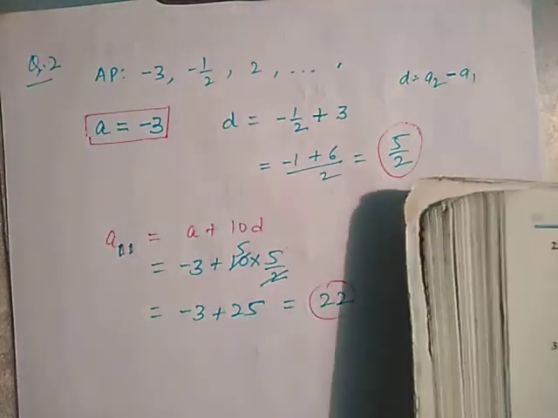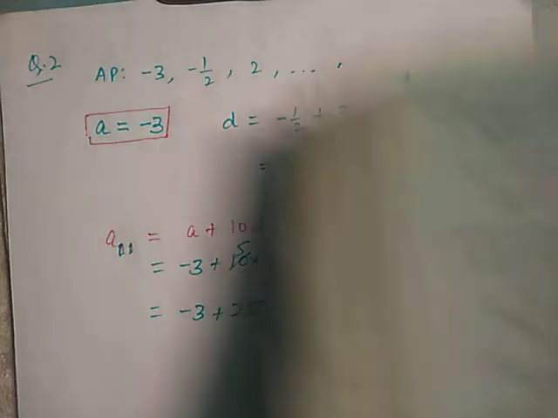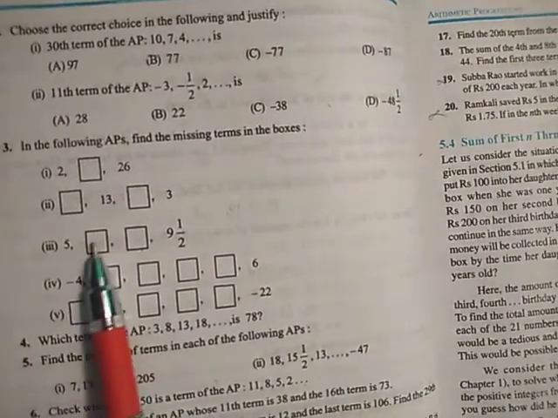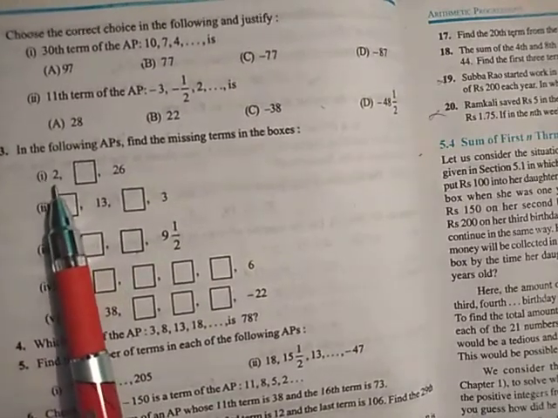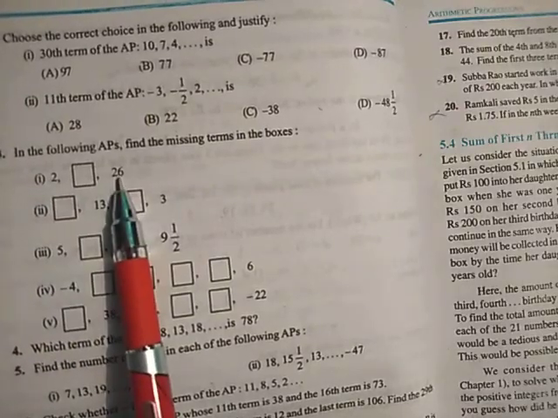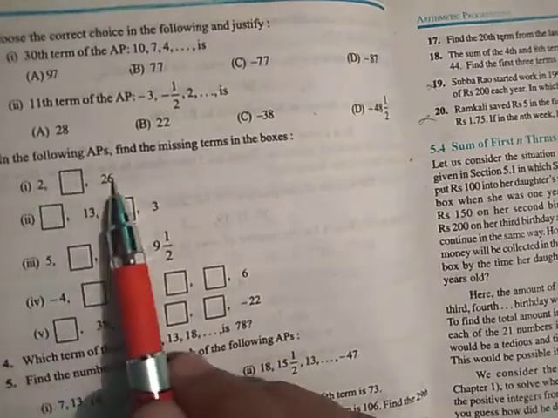Okay, so it was your second question. Similarly, in the following APs we have to find the missing term. Now let us move towards the third question. In the following APs, find the missing terms in the boxes. Okay, as we have given here the first term and last term, and n is very clear here because we have given 1, 2, 3 terms only.